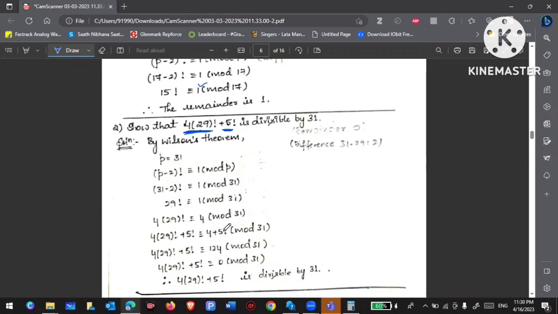The 5 factorial value we know, that is 120. 120 plus 4 is 124. And 124 is completely divisible by 31, which gives remainder 0. Therefore, 4 of 29 factorial plus 5 factorial is divisible by 31, we can write.